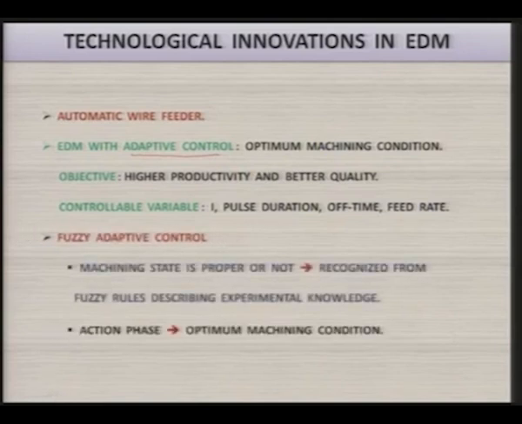Fuzzy adaptive control also has been used in EDM and wire EDM. Whether the machining state is proper or not can be recognized from the fuzzy rules describing experimental knowledge, and action phase is optimum machining conditions.